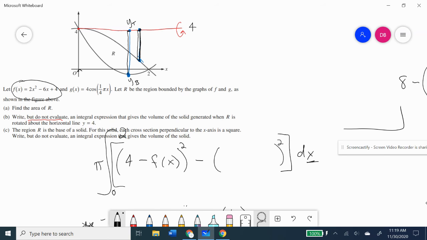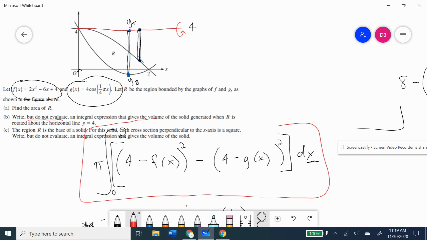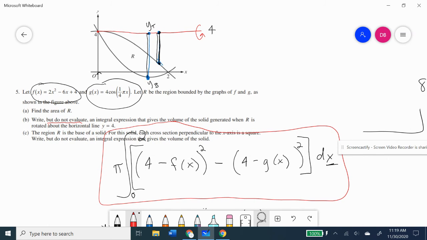The top y value is 4. The bottom y value is g of x. And it said, write but do not evaluate. This is it. You are allowed to use the names of the functions, f and g, instead of writing out the entire expression of each function. All right, I'm going to erase this and move on to letter C.